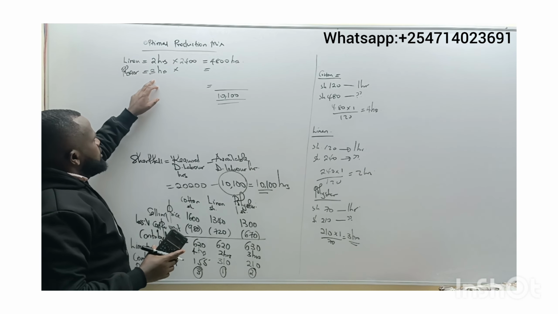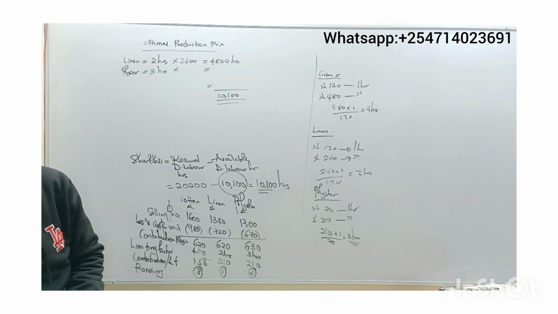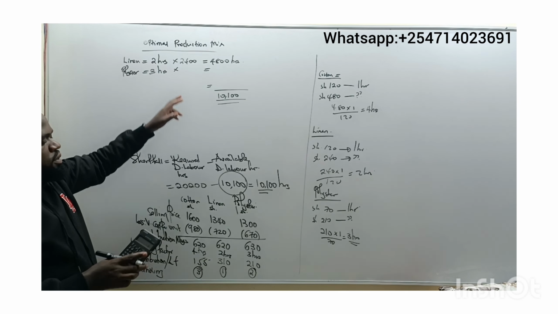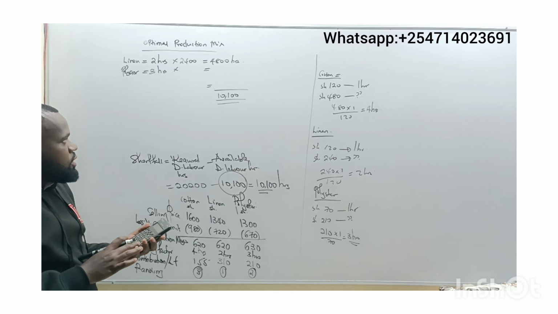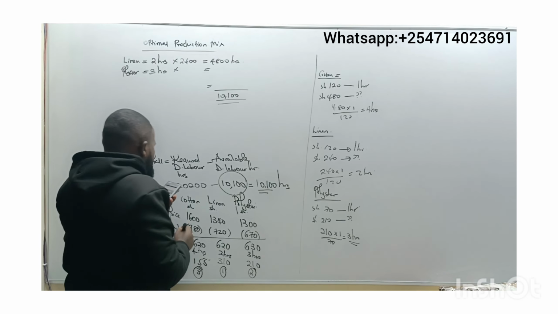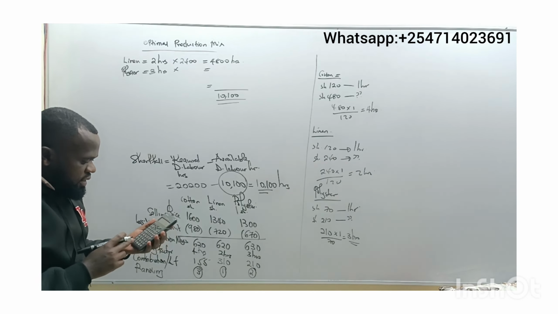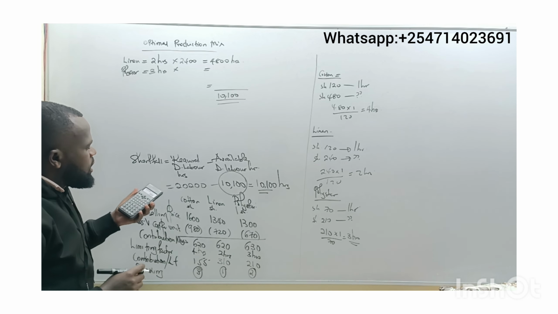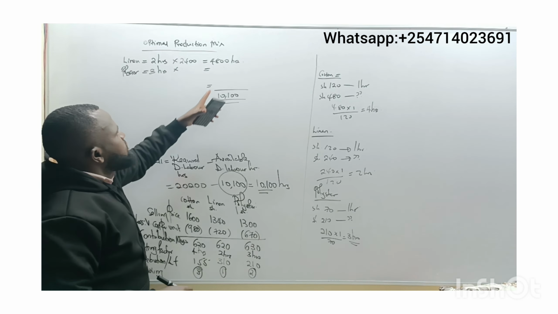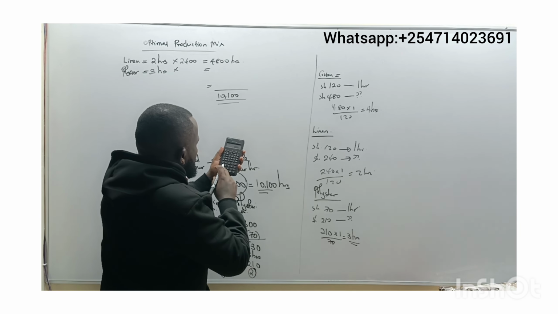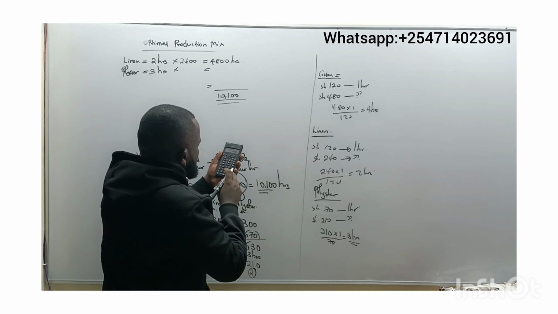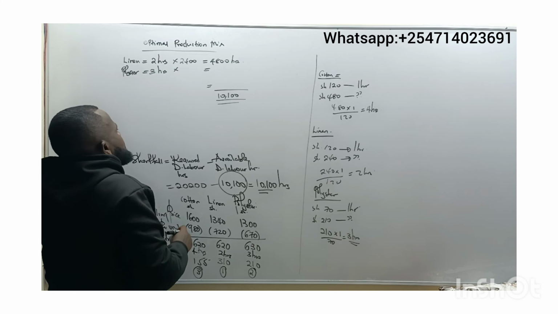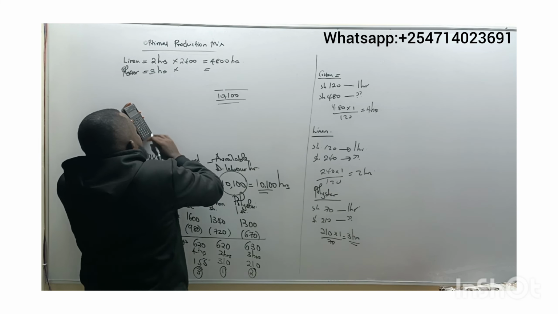What about the demand for polyester? Polyester demand is 3,000. So 3 times 3,000 is 9,000. But the balance here is 10,100 less 4,800. We have less than 9,000 hours, so we can't even produce the other product.